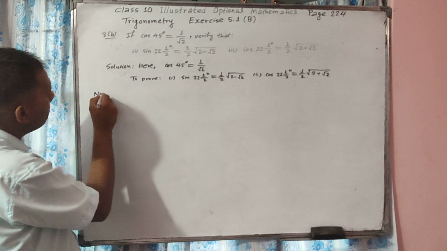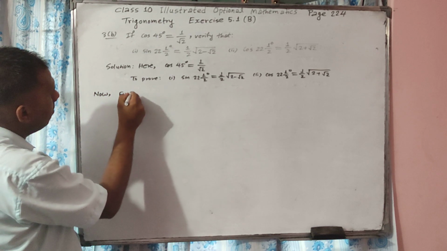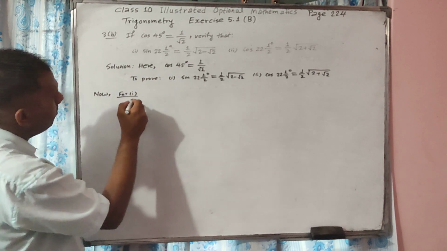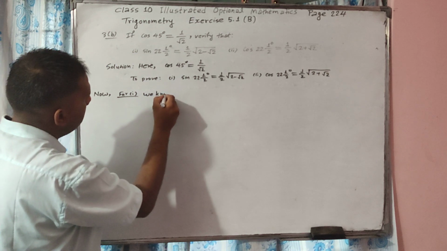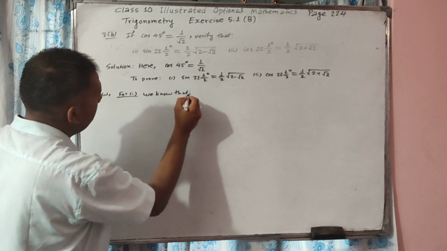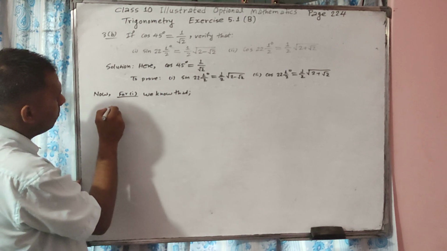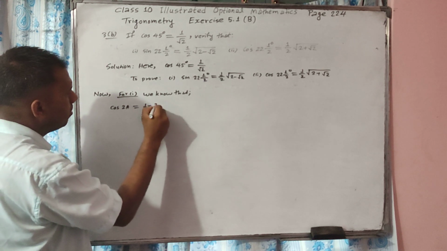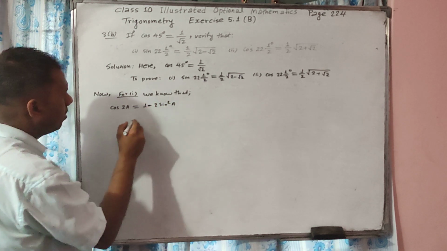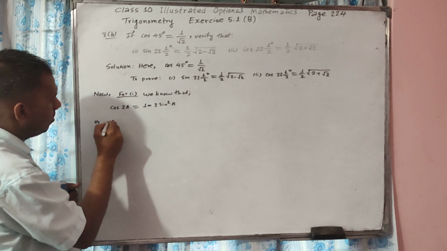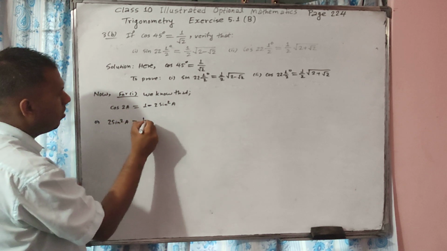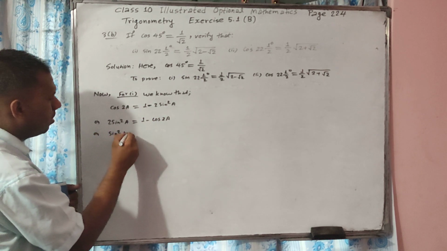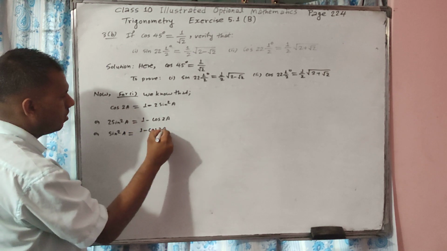Now for 1, we know that cos 2a equal to 1 minus 2 sin square a, or 2 sin square a equal to 1 minus cos 2a, or sin square a equal to (1 minus cos 2a) whole over 2.